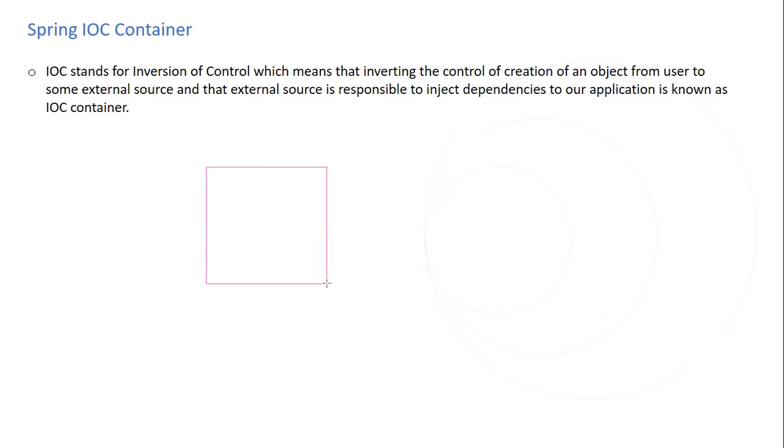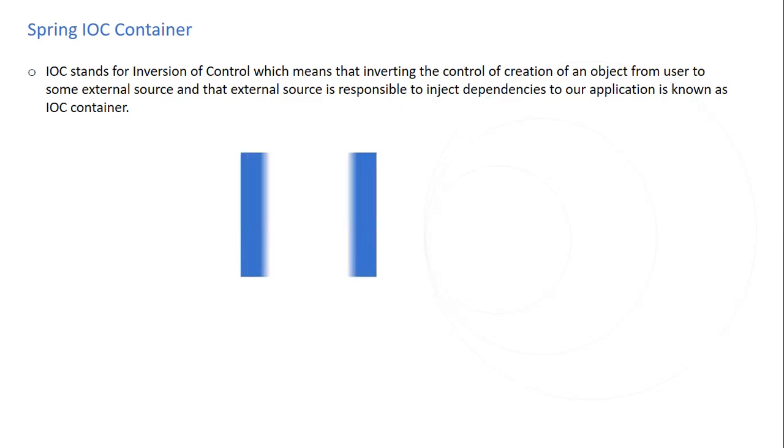Someone external will provide it, and we can use this door object directly inside the application. So what does IOC mean? IOC stands for inversion of control, which means inverting the control of creation of an object from the user to some external source. That external source, responsible for injecting the dependencies into our application, is known as the IOC container.